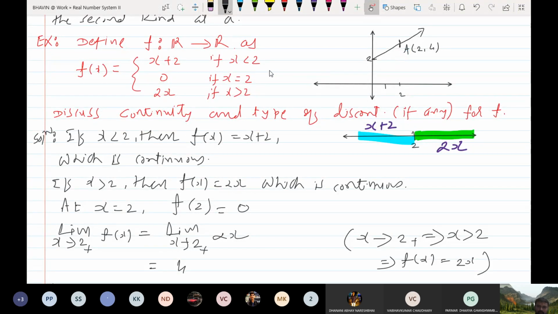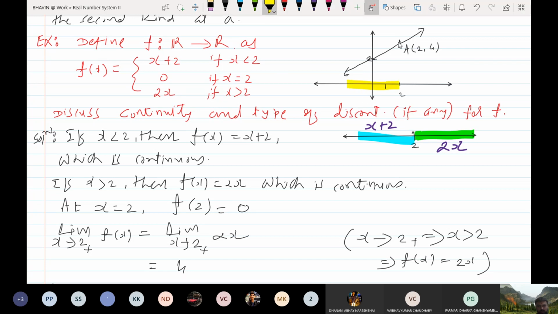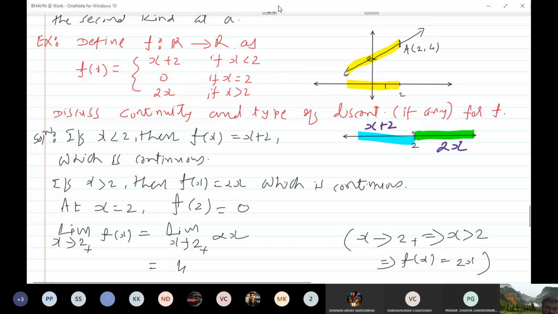So if your x is less than 2, so in this portion, if your x is in this portion, the graph of the function is this. Can you understand? Do you understand this, Abhay? Yes, sir.